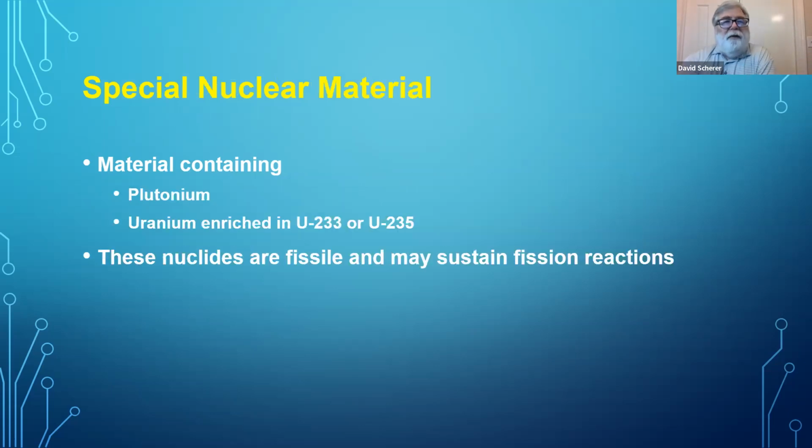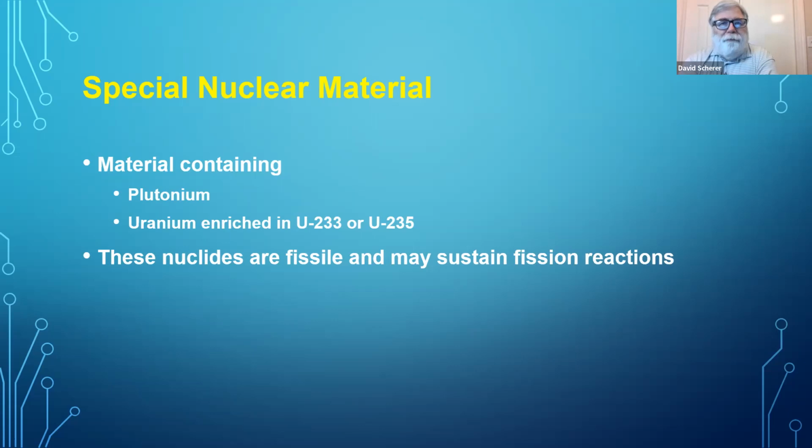Another term you're going to hear is special nuclear material. Special nuclear material are fissile materials that are able to undergo sustained chain reactions. It includes plutonium and uranium enriched in U-233 or U-235. U-233 doesn't exist in nature. It has too short a half-life. It's all decayed away.